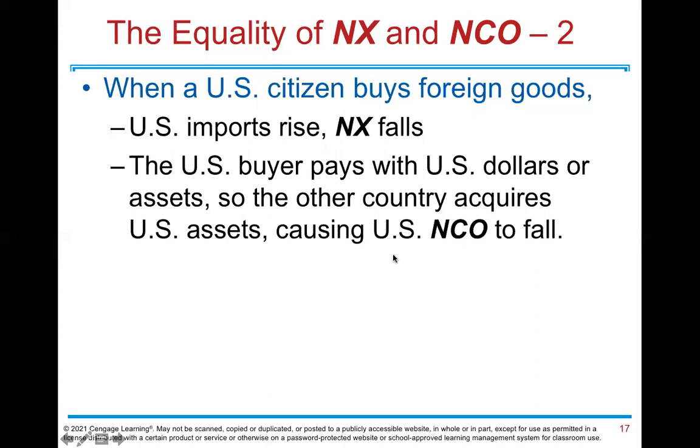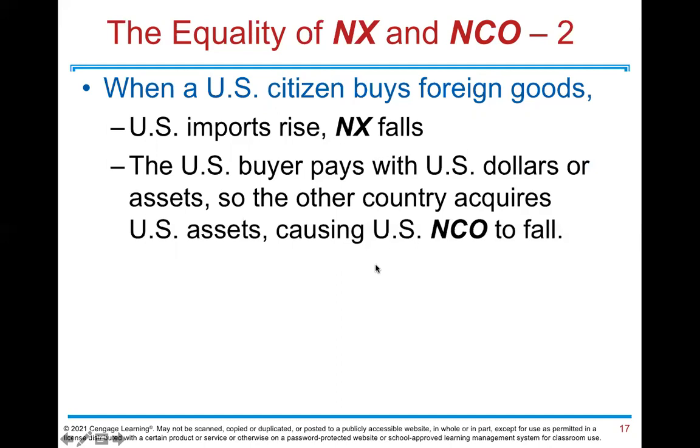Why does that happen? Well, we now use some of our cash, some of our dollars, and give it to the rest of the world because we're importing from them. As a result, now the rest of the world has some American dollars, and they use those dollars to buy American assets. And as a result, net capital outflow falls. That's because the rest of the world has American dollars that they just got from the sale of this import, and they use those dollars to go and buy US assets.